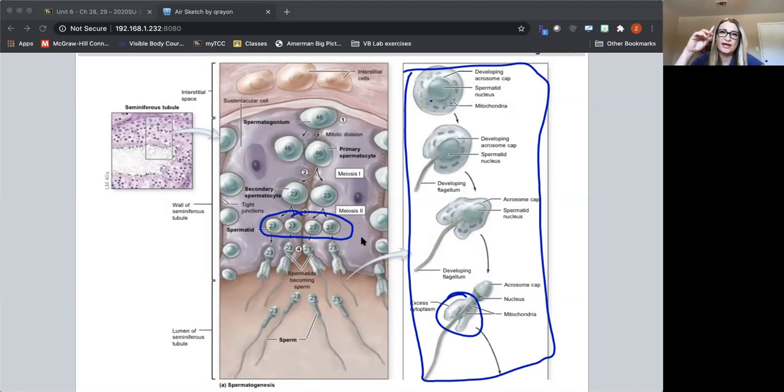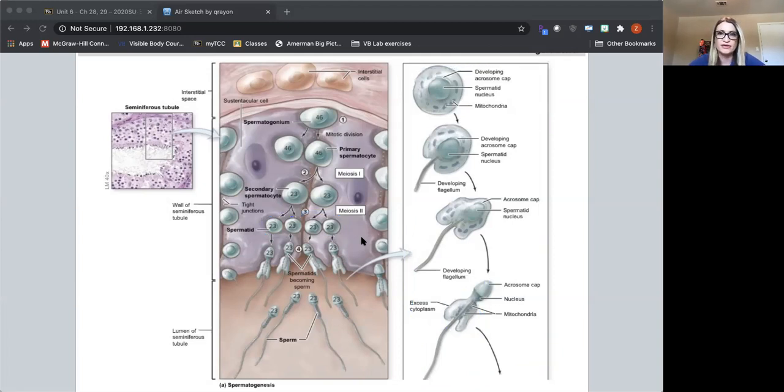At the top of the head of the sperm is a structure that we know as the acrosome cap. And the acrosome cap contains enzymes that will help the sperm penetrate the zona pellucida, as well as push the cells of the corona radiata apart should the sperm encounter the oocyte. If the sperm meets the oocyte, it needs to be able to get through the zona pellucida and the corona radiata.